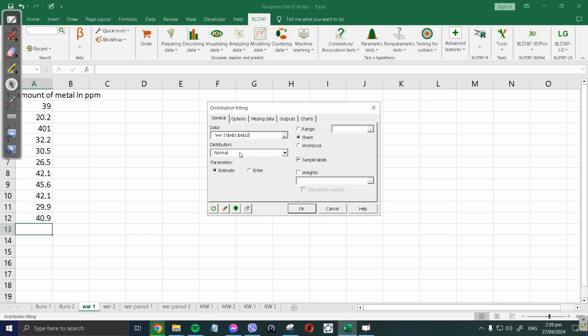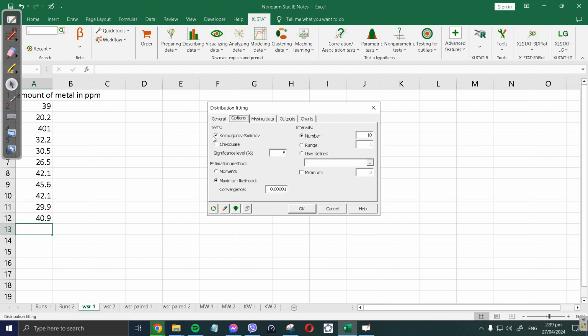Now we want to test what type of distribution this is, and whether it's normal. Labels are there. XLSTAT gives a different kind of result than the usual data analysis, so it's better to give it a different sheet. Although if you would like it to stay on the same sheet, you can just click page. But I would like to give it a different sheet, so I'm going to stick with this.